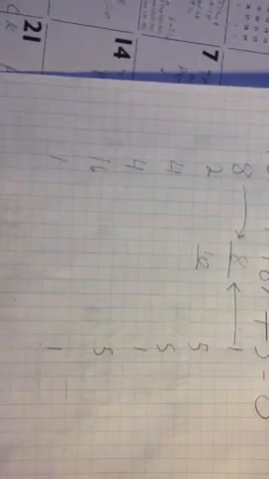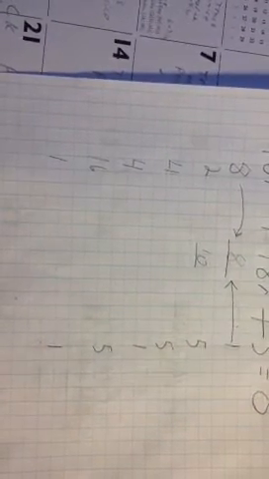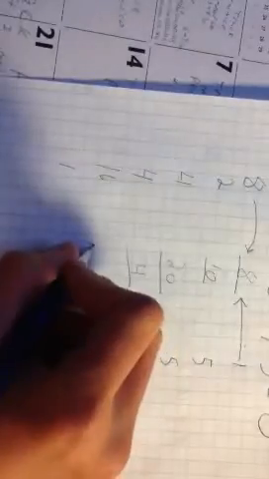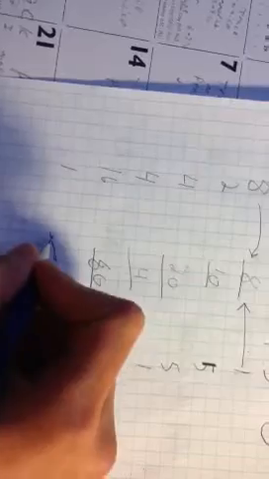Now, some harder problems are going to take a lot more time to find the right combination, like 4 and 5, 20. I did this ahead of time, so I know that's not going to work. 4 and 1, 4, nope. 16 and 5, which is 80, not going to work. 1 and 1, nope.